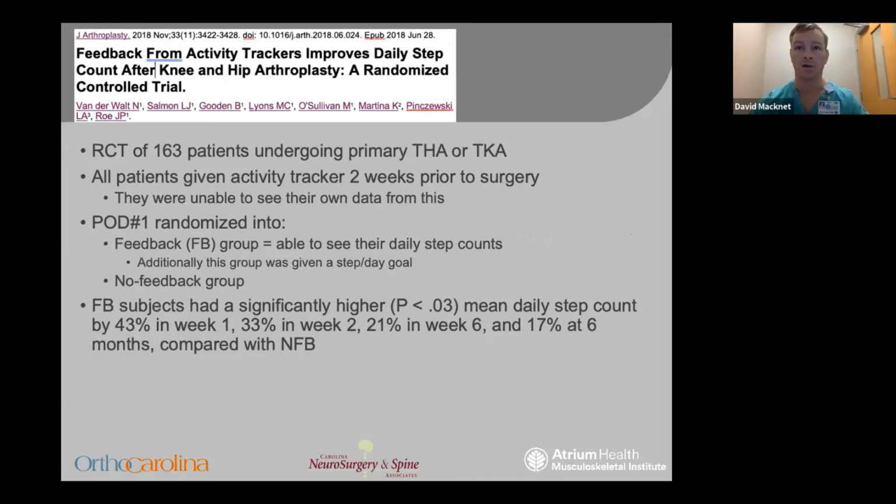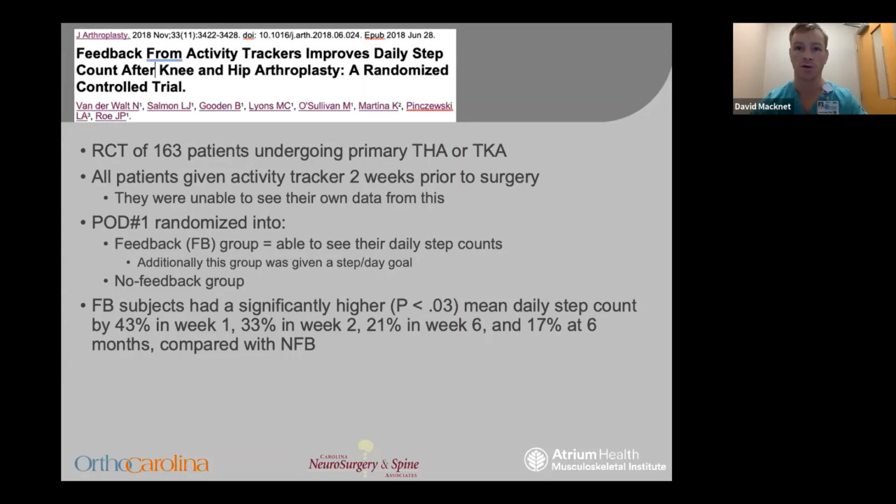There are two recent and ongoing studies in the total joint literature. The first one here was an RCT of 163 patients undergoing total joint arthroplasty. They measured patients preoperatively for 2 weeks at baseline. They then divided the patients into two groups.